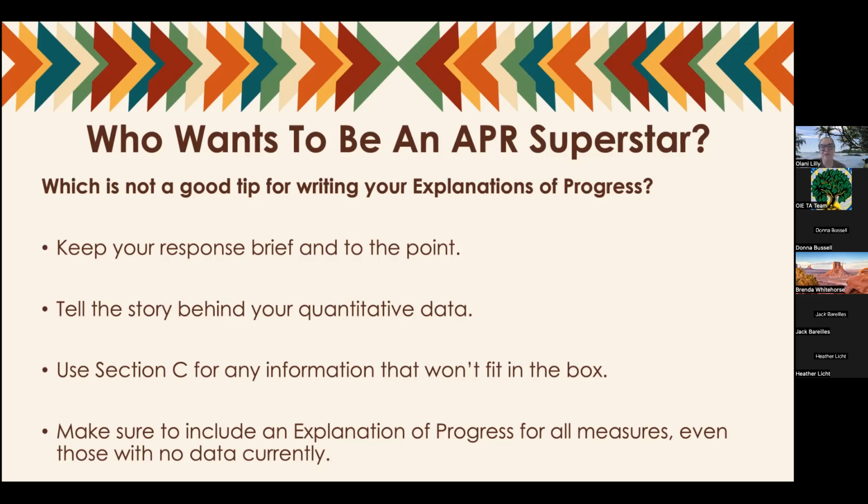And if it needs more space, again, put it into section C. Also, if you are reporting 0-1, we know that there should not be a 0 in your explanation of progress. Again, robust, detailed, talking about your data collection methods, timeline, all of that good stuff.